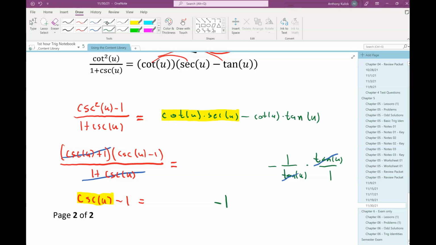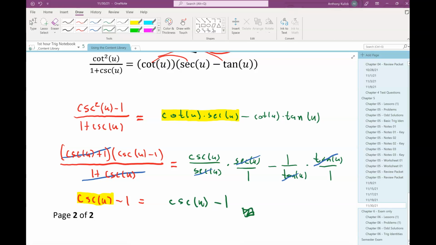What I'm going to need is Q2. That cotangent is cosecant u over secant u. And the secants can reduce, leaving just the cosecant.